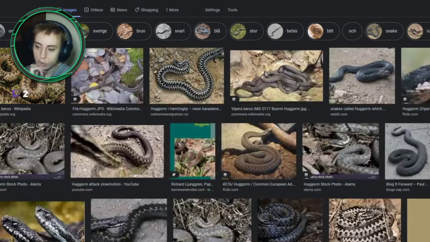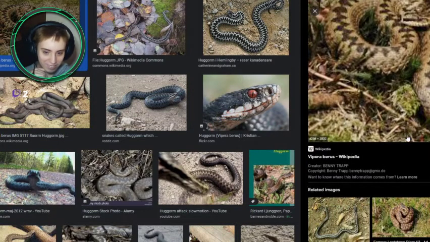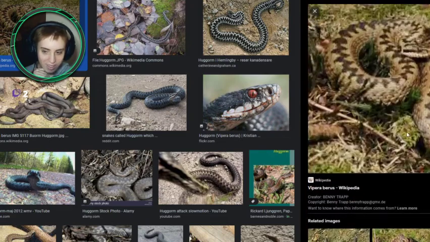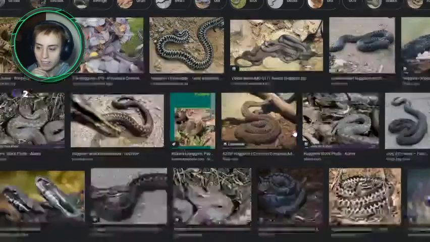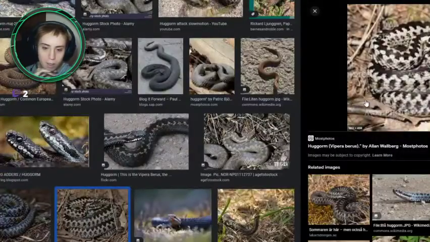Snake! Danger noodle! Ooh, it looks pretty! Gosh, that is gorgeous! Those scales? Snakes are my favorite thing, but I'm not afraid of them. I do really appreciate them. Look at that. That's so cool.